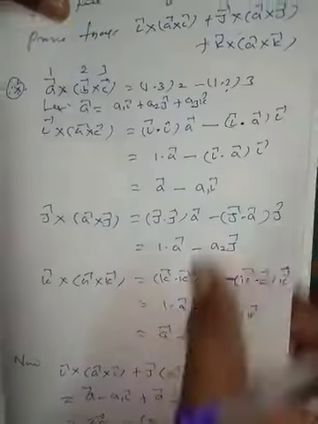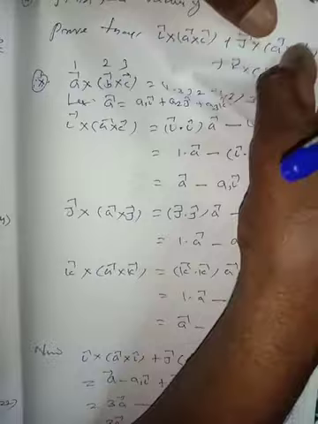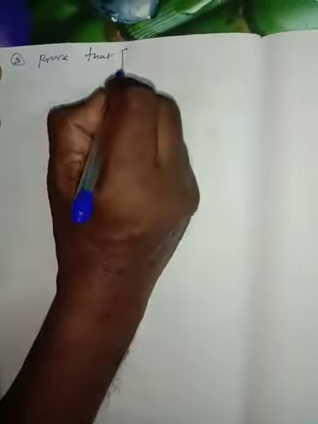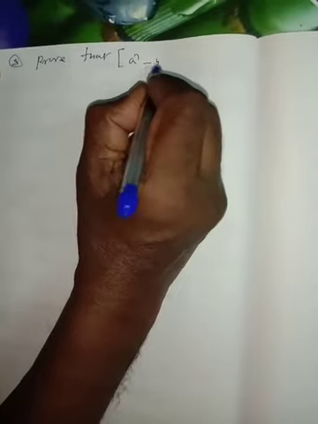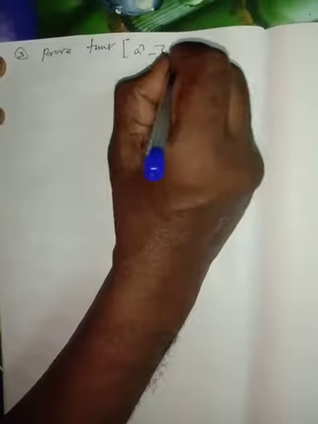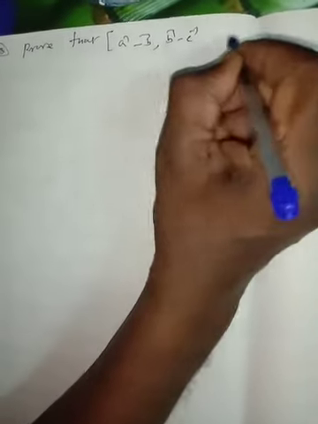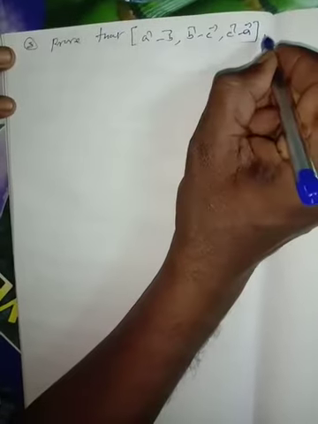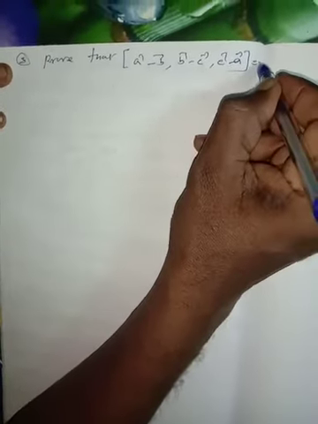Question number 3, prove that the box product of (a vector minus b vector), (b vector minus c vector), (c vector minus a vector) is equal to 0.